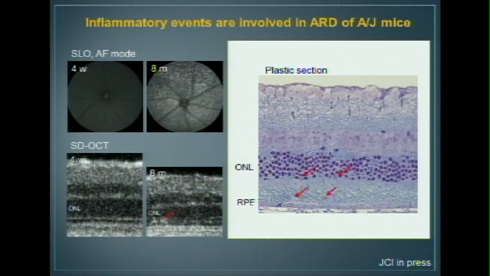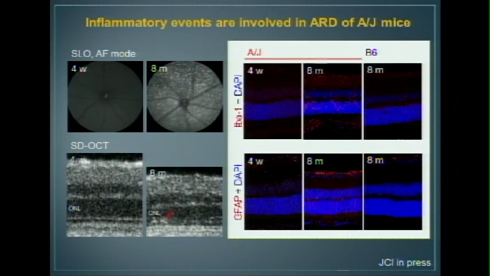Potential inflammatory cell invasion is observed by a high definition SD-OCT system in the subretinal space, and in the plastic section we can see the invasion of these cells in the subretinal space and the outer nuclear layer as well. These cells are identified by immunohistochemistry using specific antibodies for activated microglia and macrophages, Iba1 antibodies.